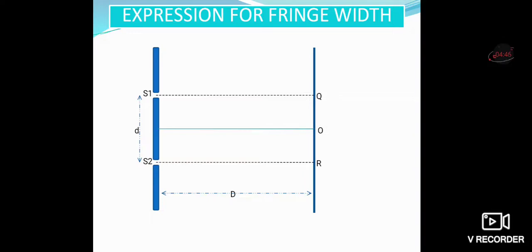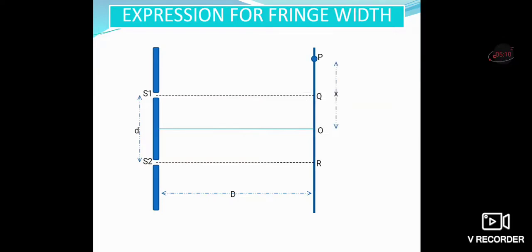So the path difference between the two waves from S1 and S2 reaching the point O is 0, because S1 and S2 are equidistant from O. Therefore, there is no path difference.